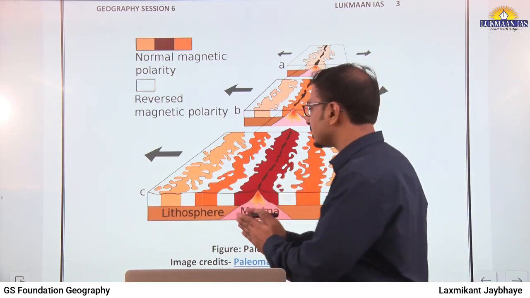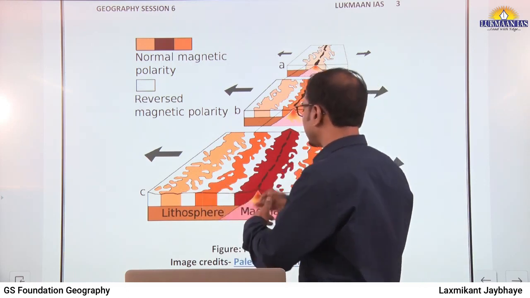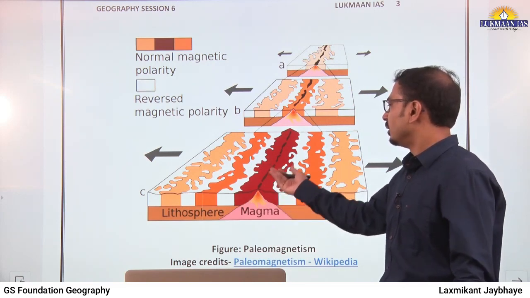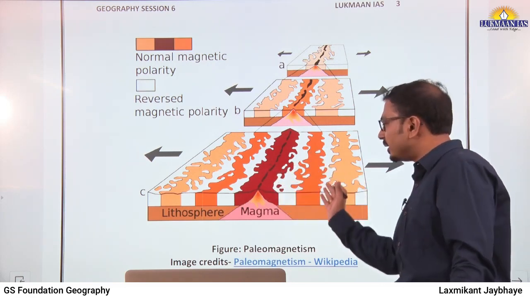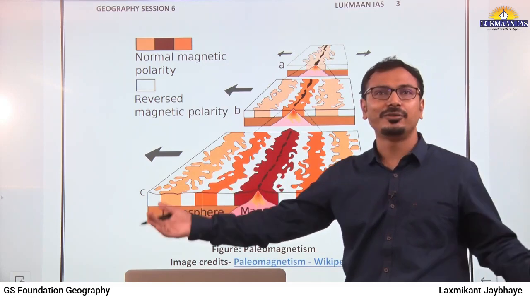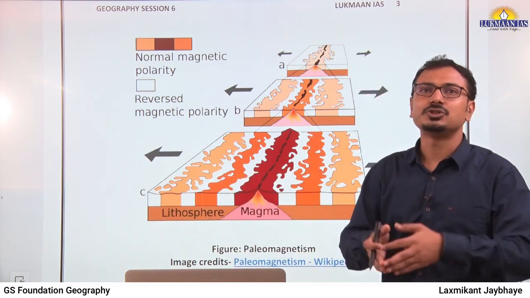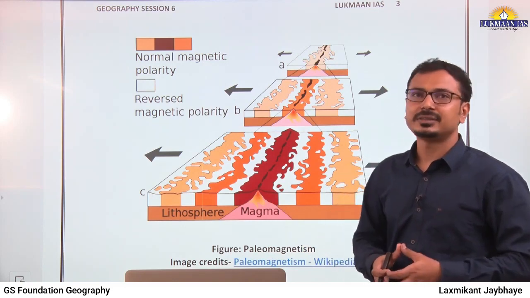Now, as these rocks move away and away over thousands of years, new crust is also being formed here. So the earlier magnetic polarity of the earth might be different from the new magnetic polarity. The geomagnetic reversals, we have seen that.